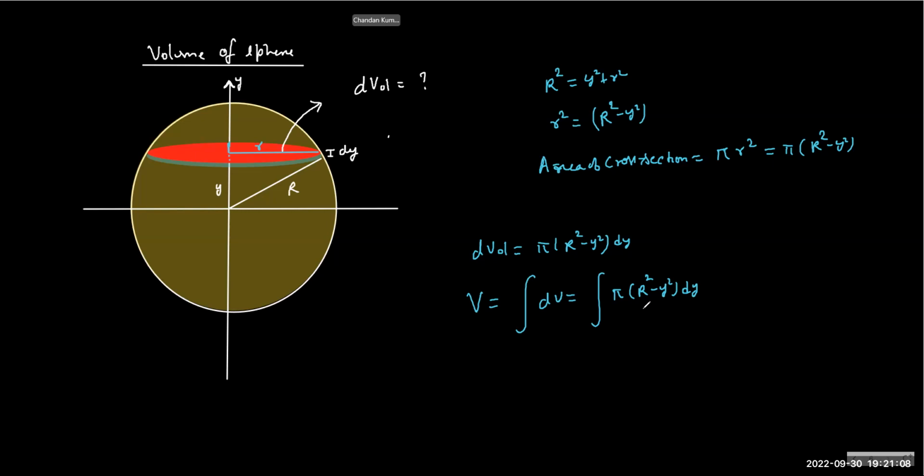Can you guess? From bottom to top, you have to cover the entire sphere. So tell me how you are going to vary the y value such that you get the entire sphere covered. That's the whole idea. Is it difficult, guys? Yes or no?